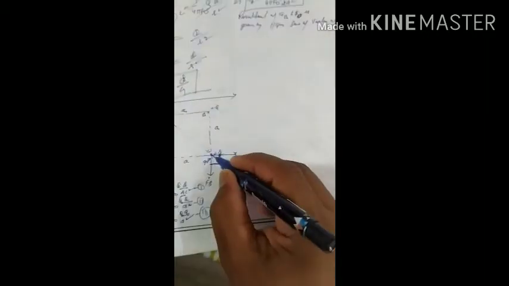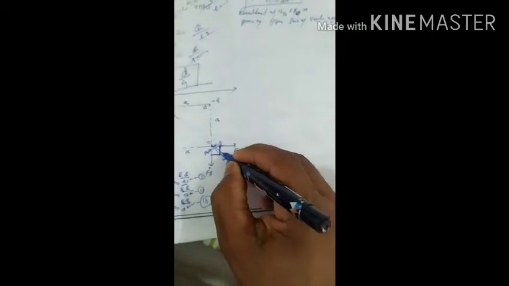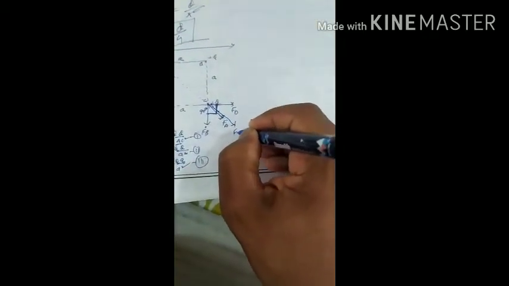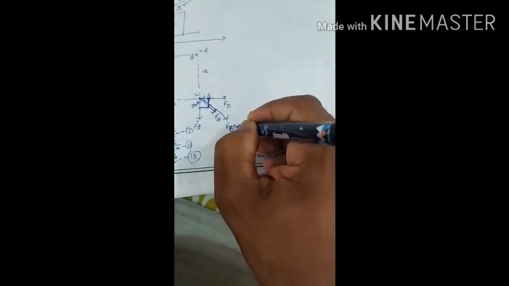It says that if we have two vectors from the same point, then the diagonal gives their resultant. So the resultant of FB and FD will be along the direction of FA.